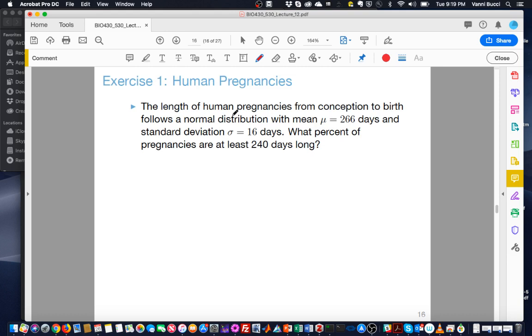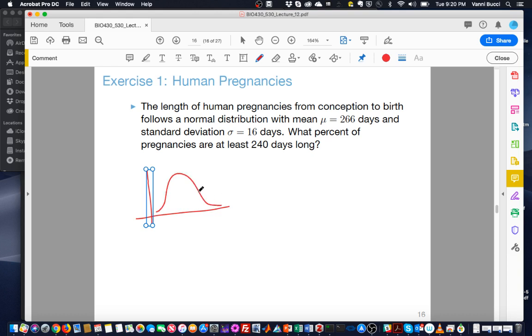So let's do a couple of examples to better understand this. We know that the length of human pregnancies from conception to birth follows a normal distribution with mean mu equal to 266 days and standard deviation sigma equal to 16 days. What's the probability of finding a pregnancy that is at least 240 days long? So let's draw our picture.